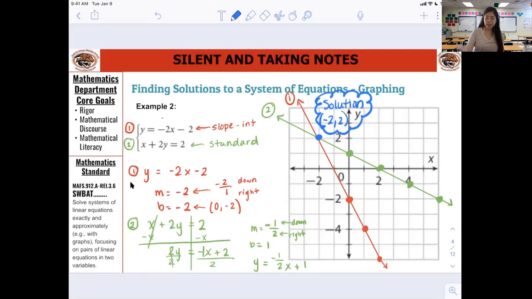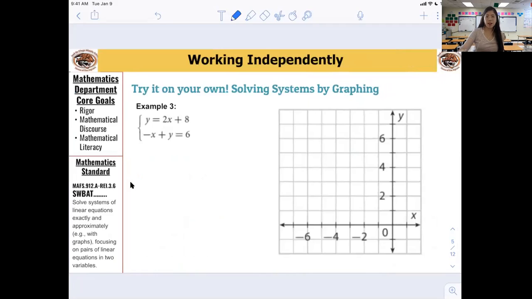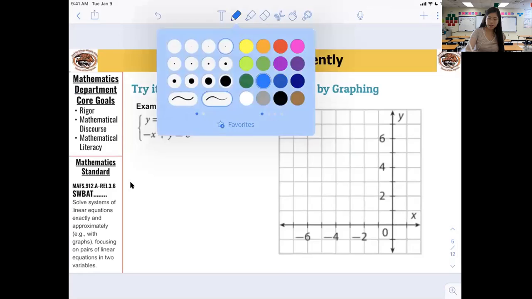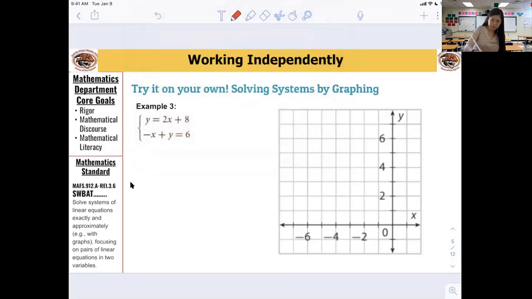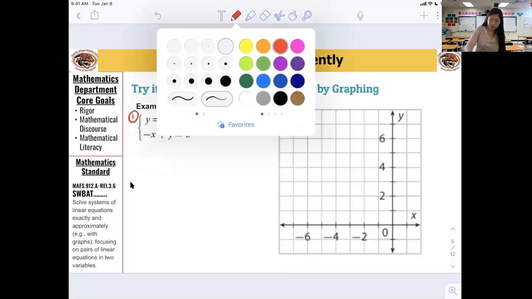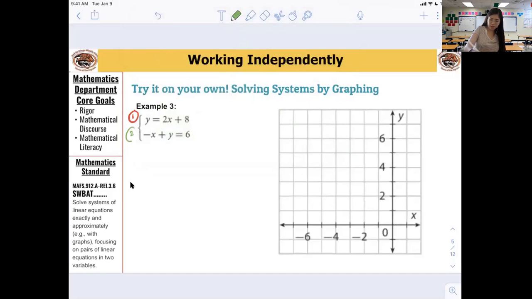So what I'm going to give you next is an example to do on your own. But like I said, it's kind of hard to graph this on your piece of paper and then show me what that looks like. So all I want you to do is, I have my 2 equations just like before. For both equations, tell me what is the slope and what is the y-intercept.